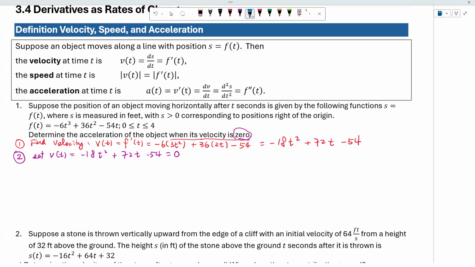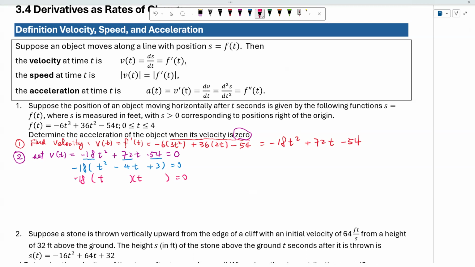Now you will see that to solve this, we can take out negative 18, giving t squared minus 4t plus 3 equals 0. And we can factor.